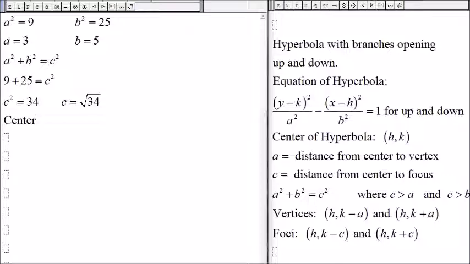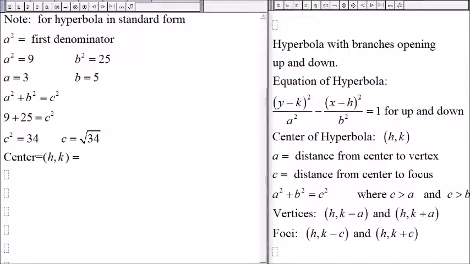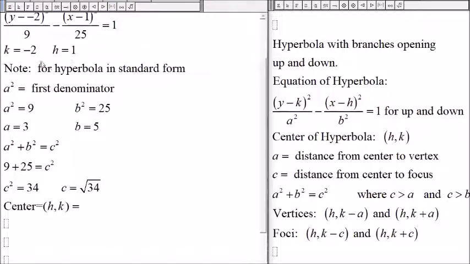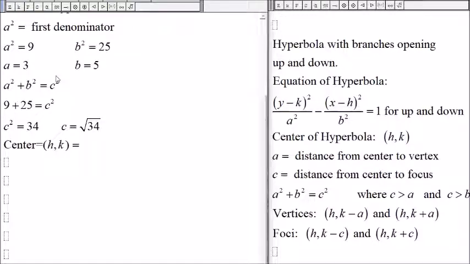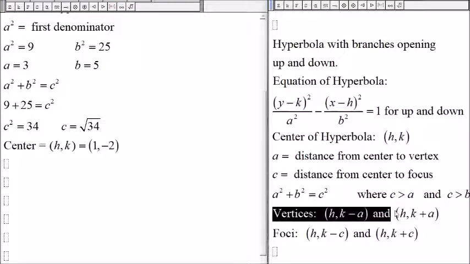So the center will be h, k. h is 1, k is negative 2. And then the vertices, these right here.